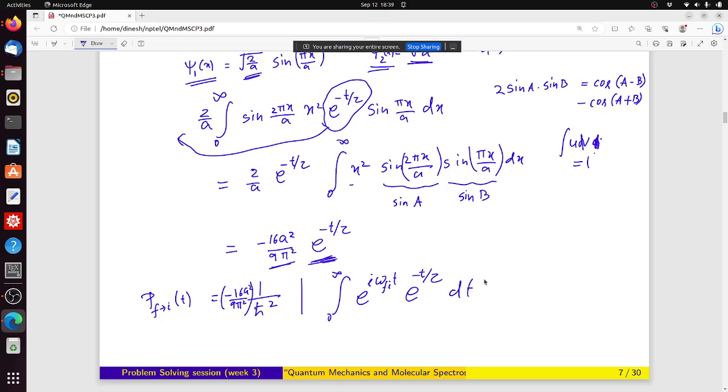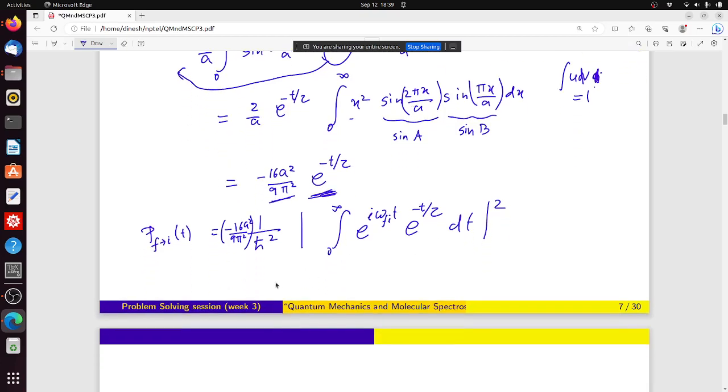And mod square we have to do, right? So it's pretty easy now. This is minus 16 a square over 9 pi square h cross square, e to the power i omega fi minus 1 over tau into t, 0 to infinity, and mod square we have to do, right?